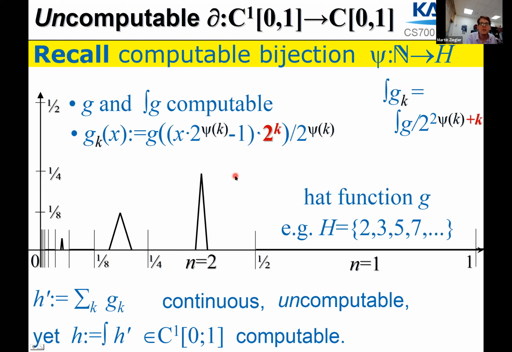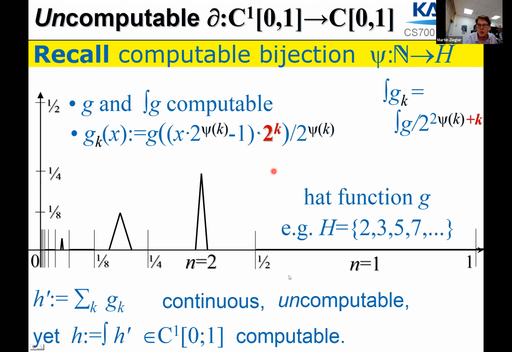Or put differently, we can also consider this as exploiting the well-known fact that the differentiation operator is a discontinuous operator with respect to the supremum norm. That's the abstract perspective from functional analysis. You know that, right? Differentiation is a discontinuous operation with respect to the supremum norm. And the supremum norm is really what matters here for the computation of the function.